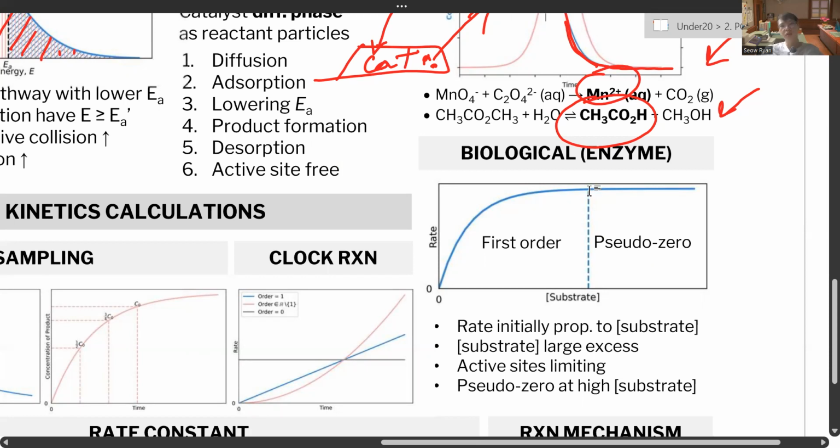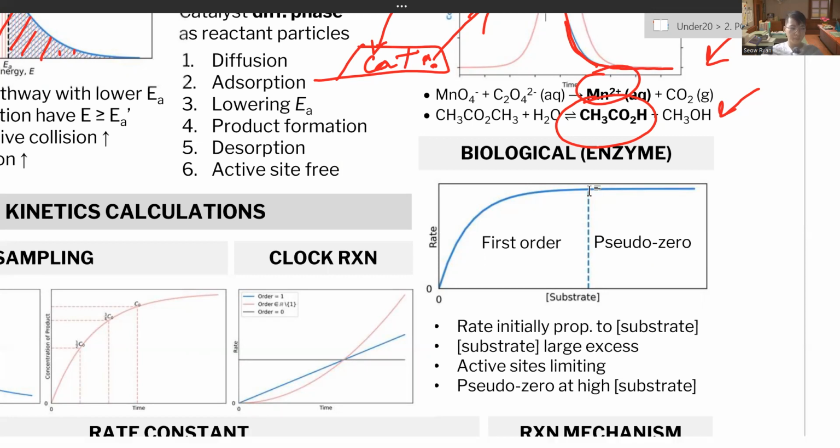Initially it is proportional, and then as you increase it up to a certain point, it plateaus and the rate doesn't increase anymore, regardless of how much the substrate concentration is. The reason is that because you have a lot of substrate, there are not enough enzymes to catalyze the reaction anymore. The active sites on the enzymes become limiting because there are only that many active sites that can be occupied at any one moment.